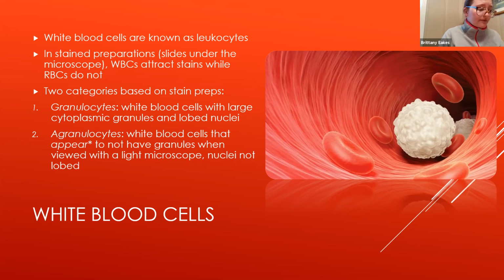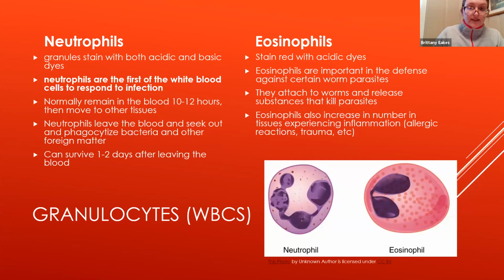Okay, so that's just for me to explain how they're separating them. It's basically how they look under a microscope. So granulocytes are larger, you can see the granules, and agranulocytes doesn't mean they don't have them, you just can't really see them under a microscope. Okay, so there are two categories.